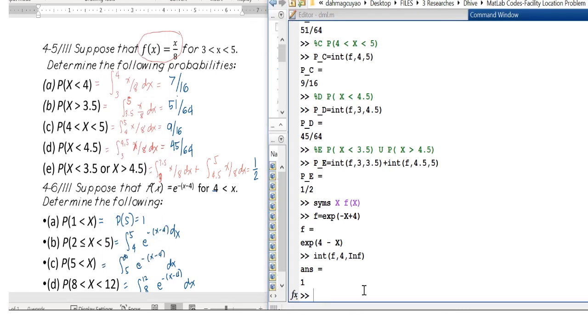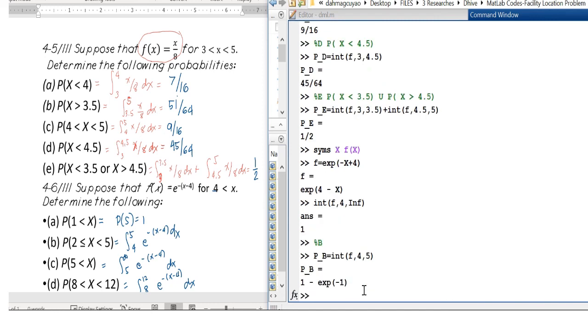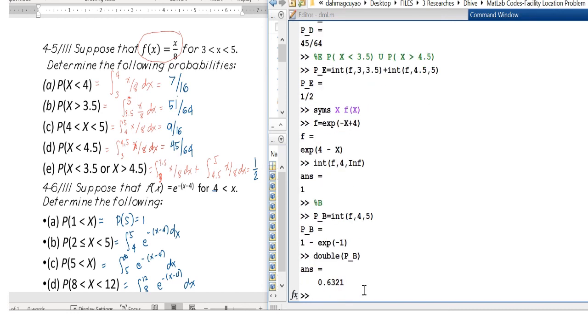So letter B, P of B equals the integral of the function from 4 to 5. Let's convert that to decimal. So it's 0.6321.